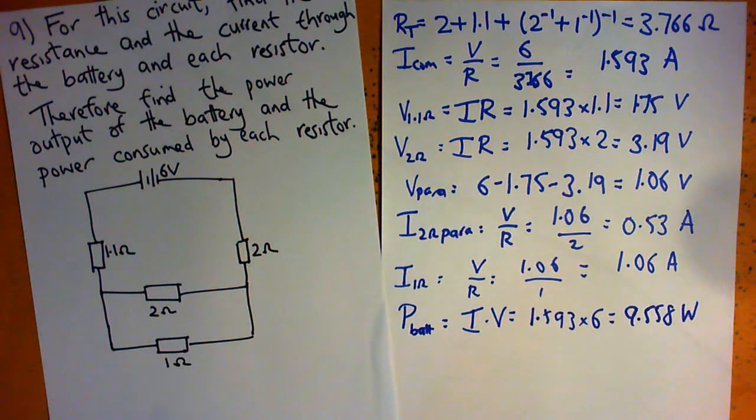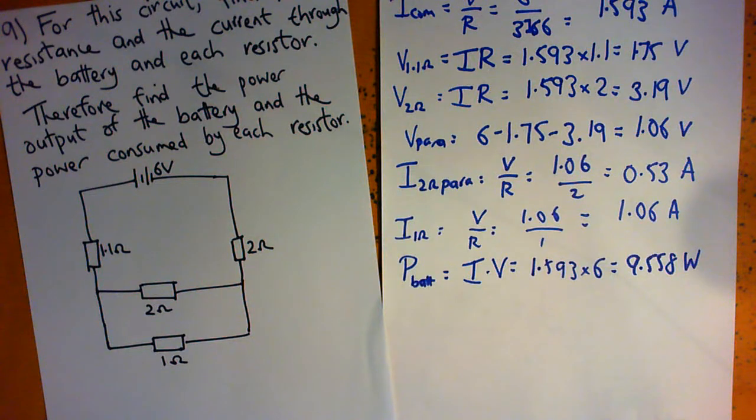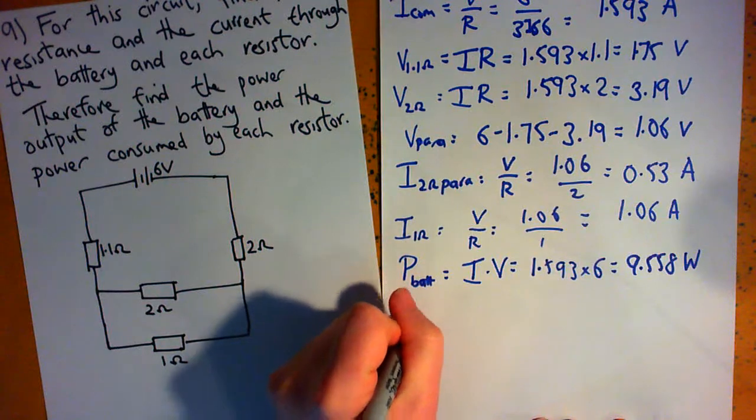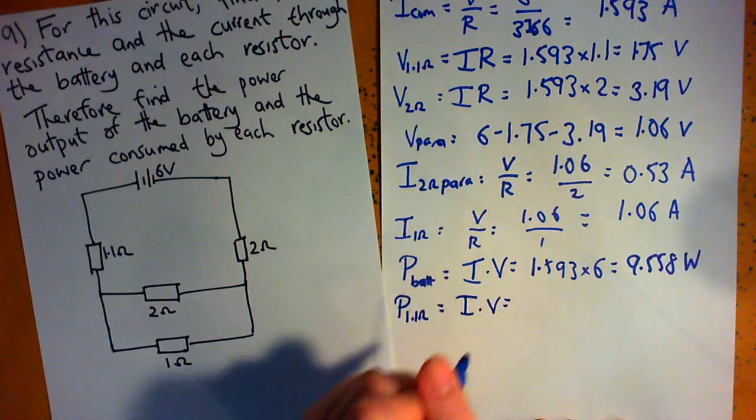So the power of the 4 resistors should add up to 9.558 watts, at least to within round off error.